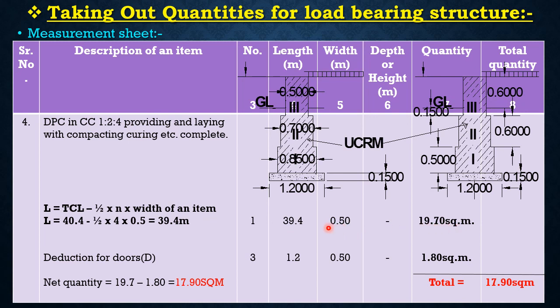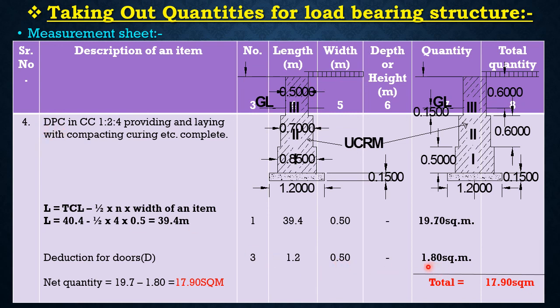Then width of door in the building shall be deducted from length of DPC. This is where the deduction begins. The deduction for door D, the number of doors is 3, the length of door is 1.2 meter and width of DPC is taken 0.50 meter.